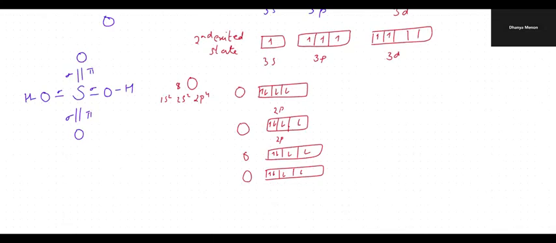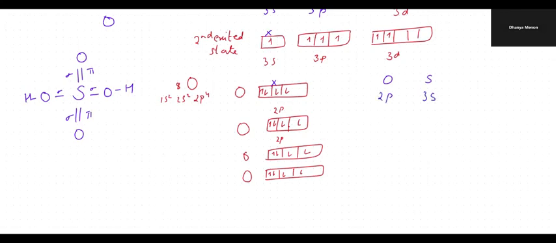Over here I have oxygen, sulfur. A sigma bond can be formed between the 2p orbital of oxygen and the 3s orbital of sulfur.